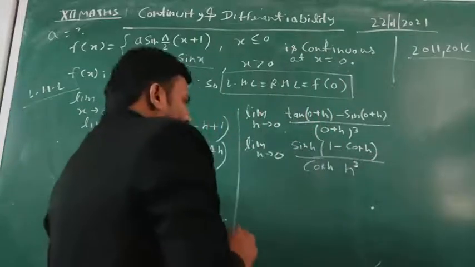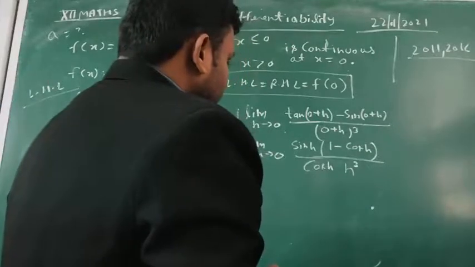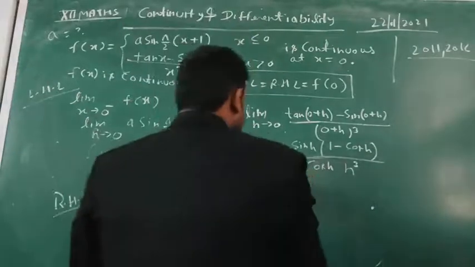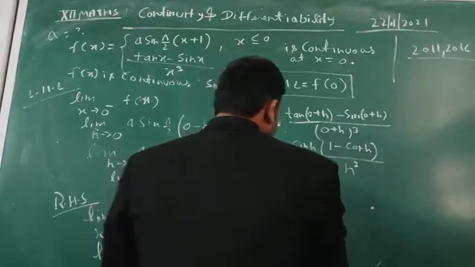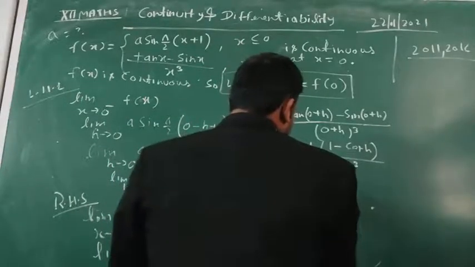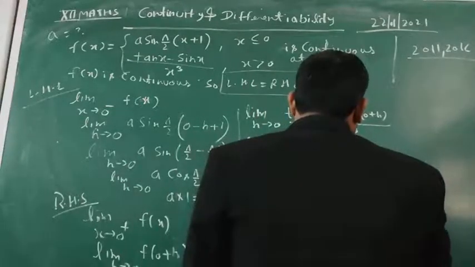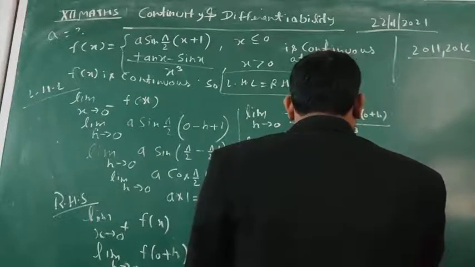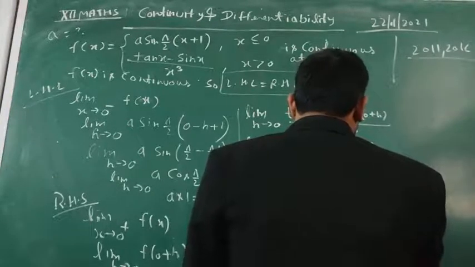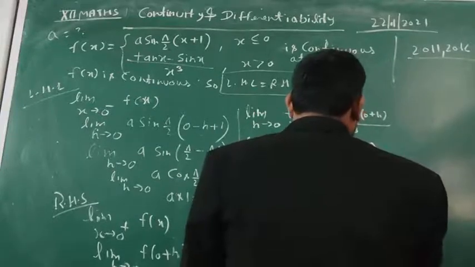Now we can write limit h tends to 0 tan h by h, and here this is 1 minus cos h, so we can write 2 sin square h by 2 by h square.